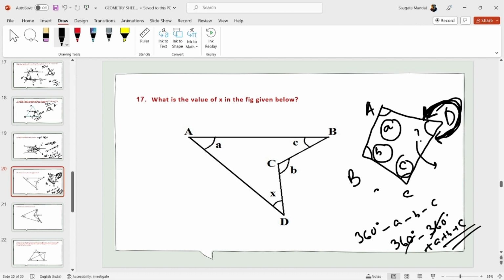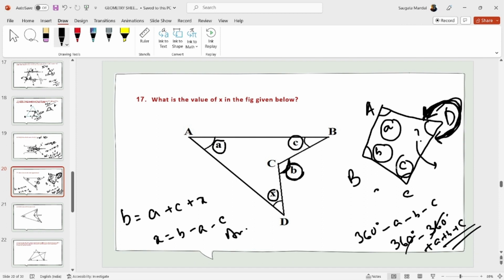That means the external angle B is always equal to the sum of A, C, and X. Then we can easily find the value of X equals B minus A minus C.